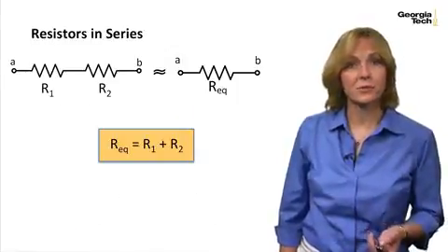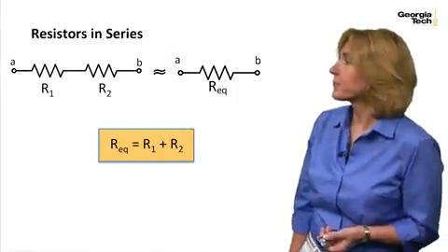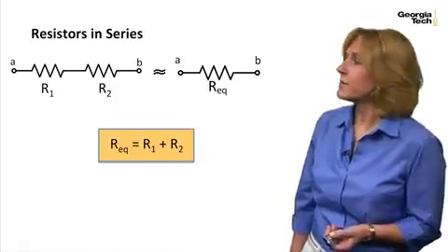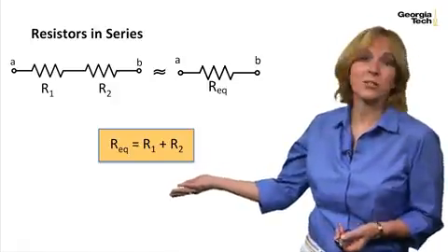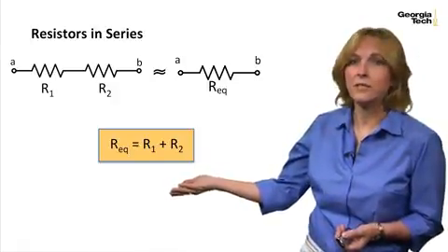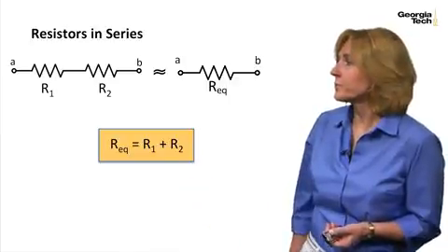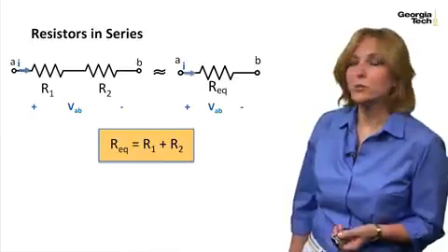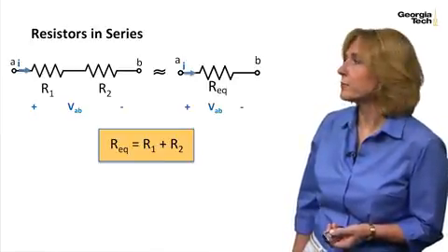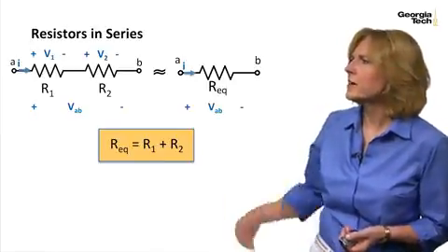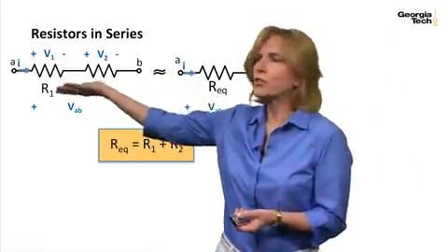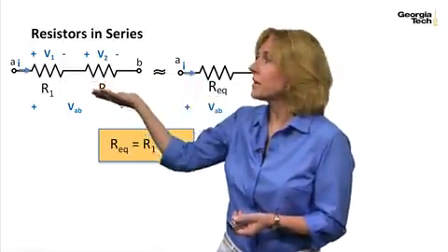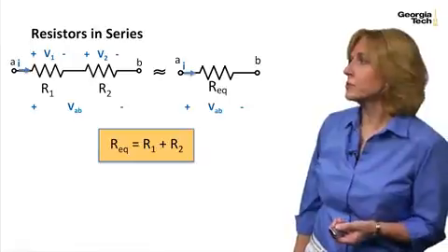Let's start out with resistors in series. And we want to be able to derive this. This is the formula here. Actually, we just add them up. The equivalent is R1 plus R2. So going back to this current voltage relationship that we need them to be equal, let's define the voltage V1 and V2 across these two resistors.